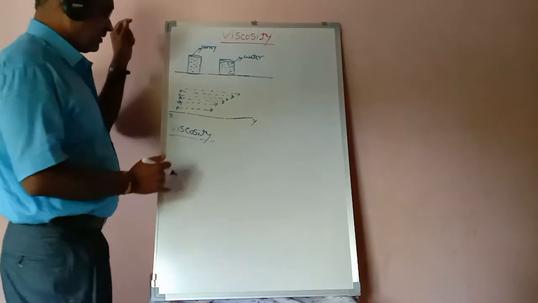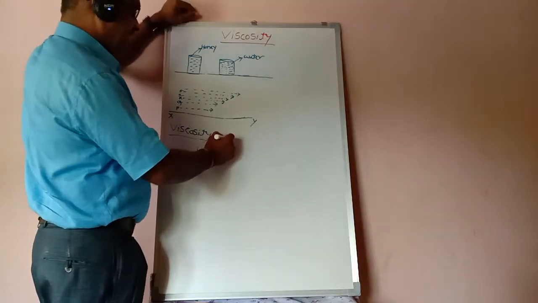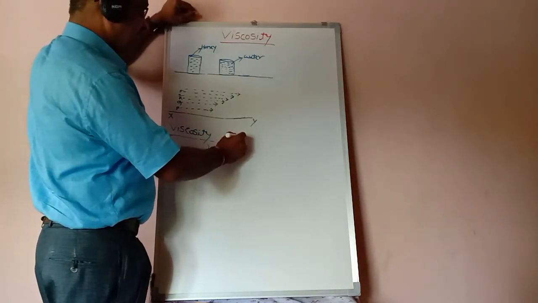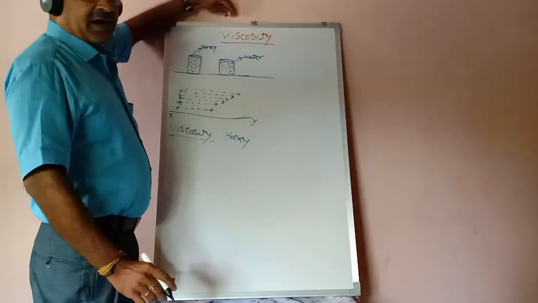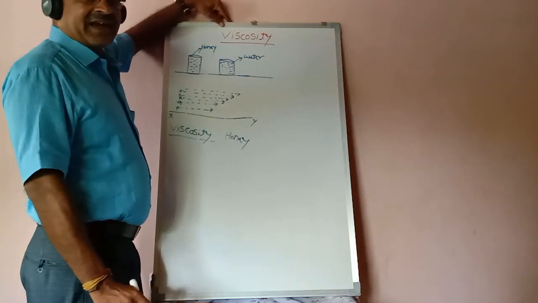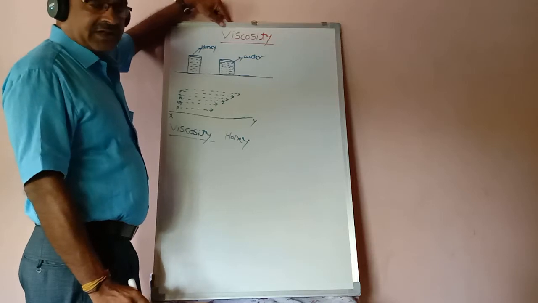For example, honey is a good example for viscosity. Honey's viscosity is greater than water's viscosity.